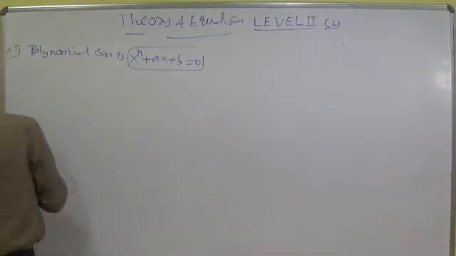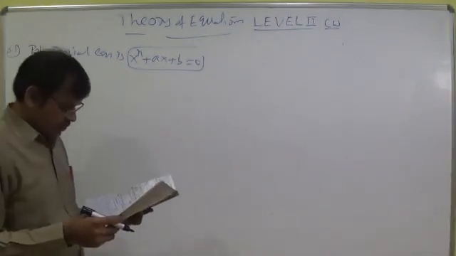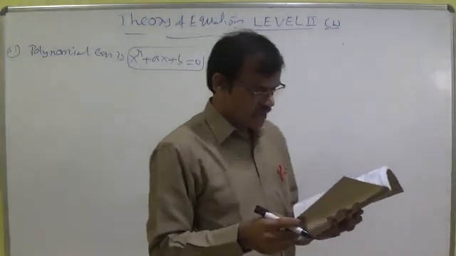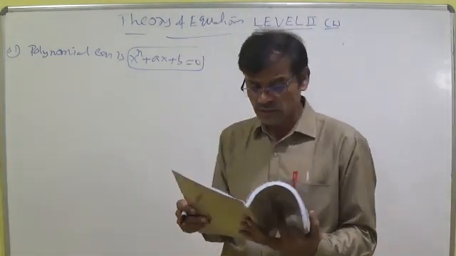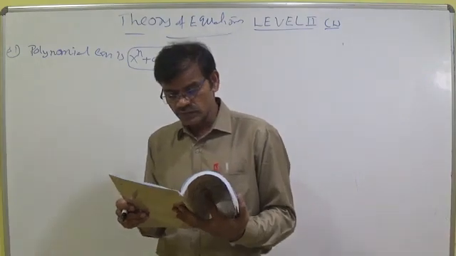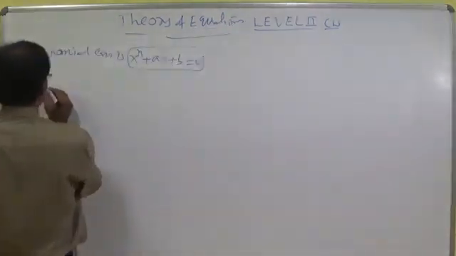Depending upon this equation, he has given alpha 1 minus alpha 2 into alpha 1 minus alpha 3 into alpha 1 minus alpha 4, and so on up to alpha 1 minus alpha n. He is discussing this polynomial equation.